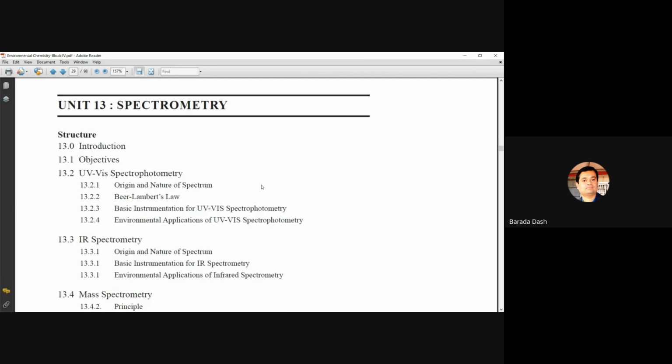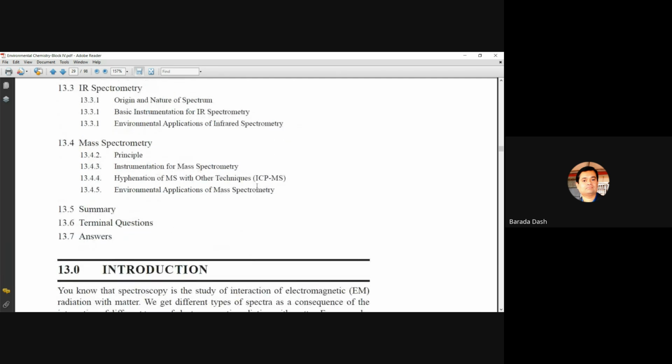So next unit is spectrometry: UV visible spectrometry, IR spectrometry, mass spectrometry.